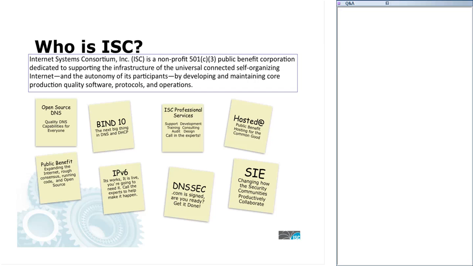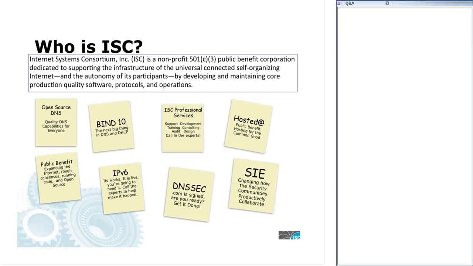And the way that we support that is by developing and maintaining production quality software, protocol, and operations. So a few of the things we actually do, we develop open source software. Most of you are well aware of our BIND product. That's a DNS implementation. According to recent surveys, that's on about 80% of the name servers in the world. It's a very widely used application.